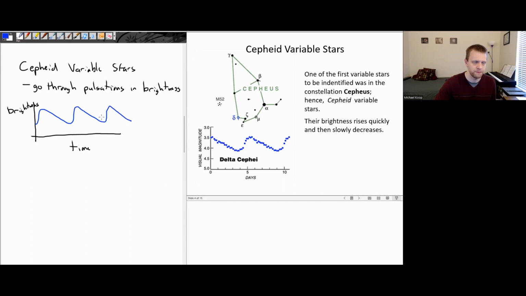And this will happen with a certain period. So let's mention that. The period is the time for one full cycle through this change in brightness, going from bright to dim back to bright again.